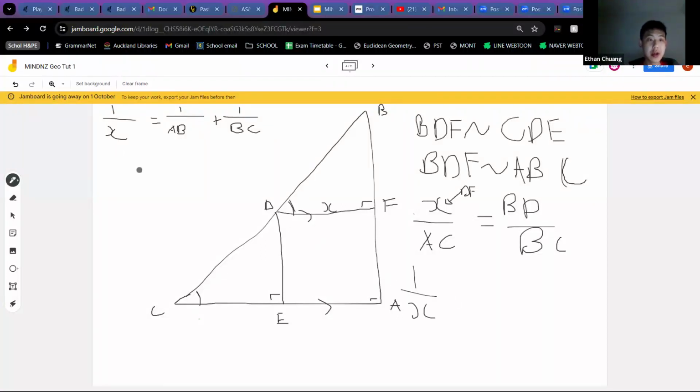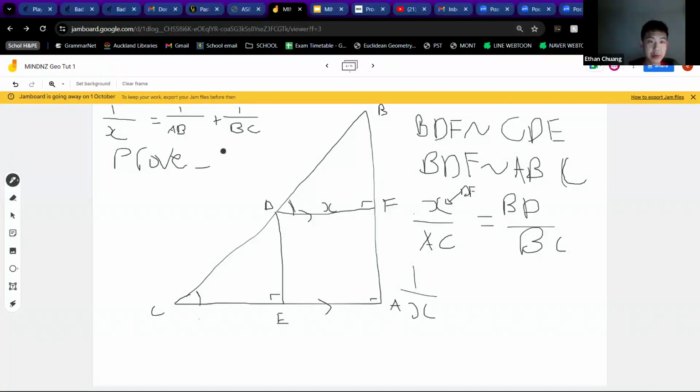Well, we're trying to prove this statement right here. Actually, it might be easier for us if we algebraically manipulate this first.